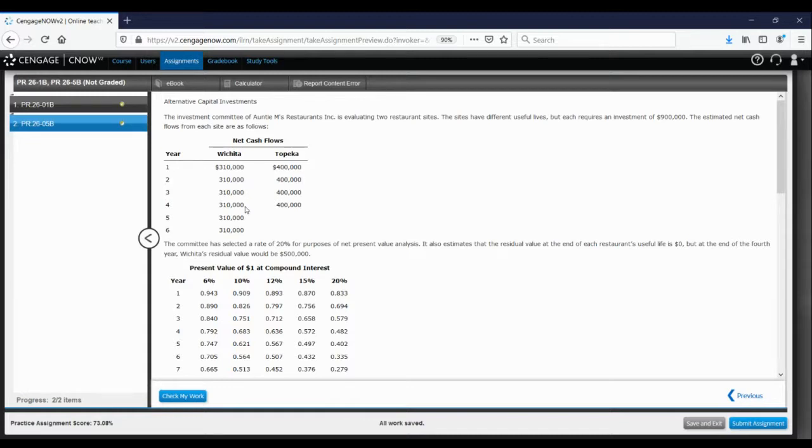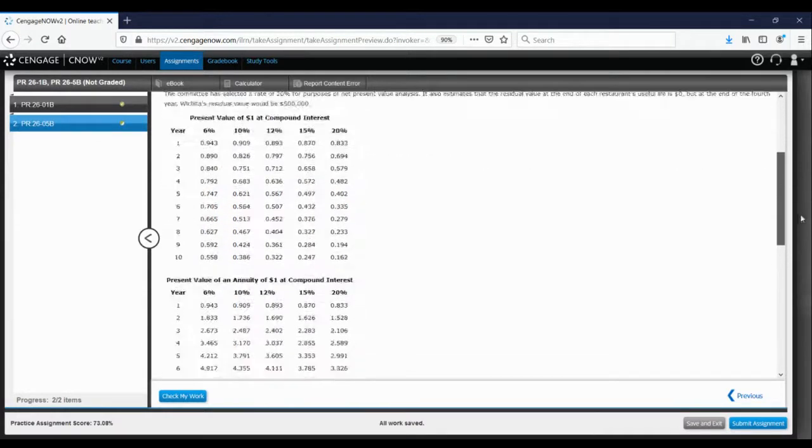But at the end of the 4th year, they think that they could sell the asset for an additional cash flow of $500,000, which is not equal to $310,000. So that means we have to use the present value of the dollar table to determine the present value amounts for this.